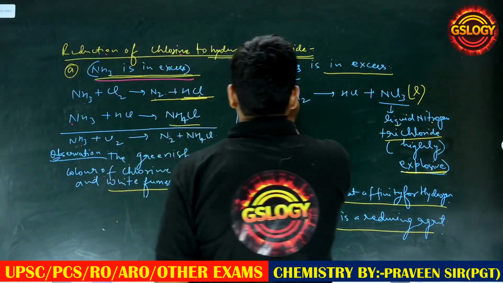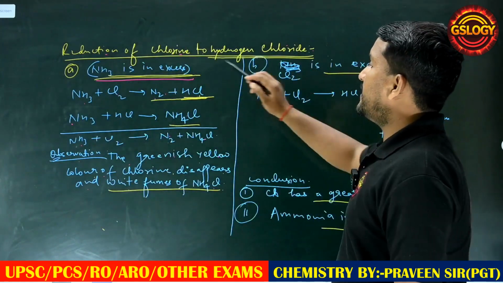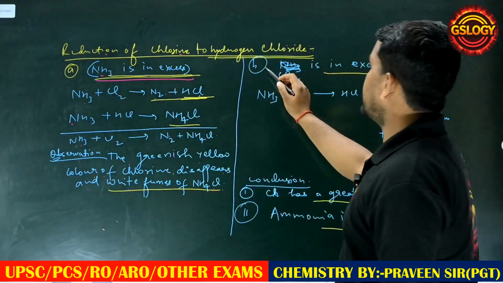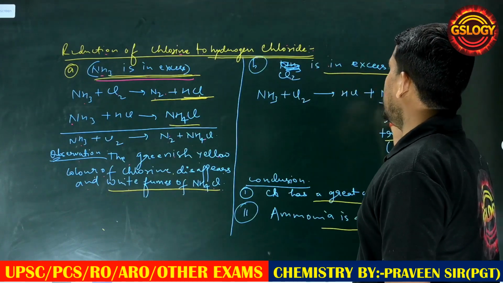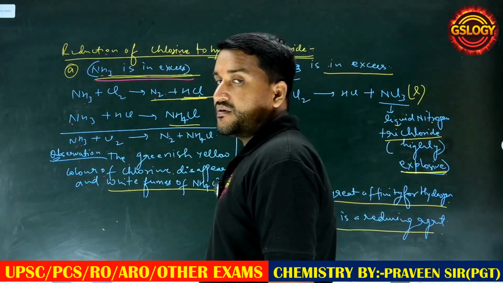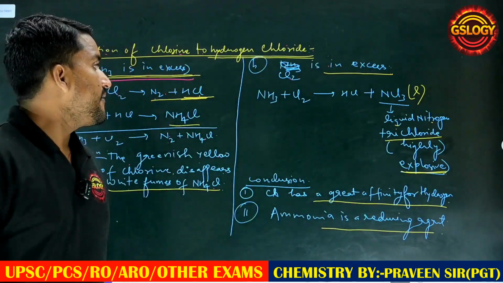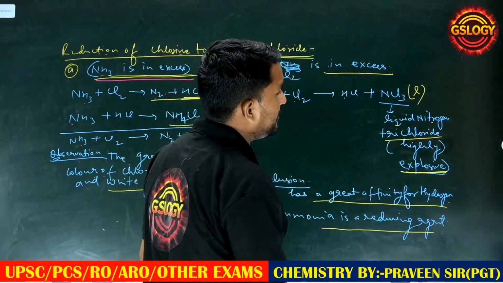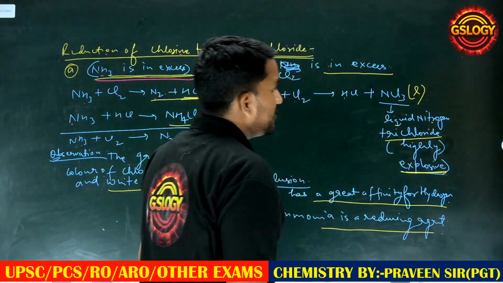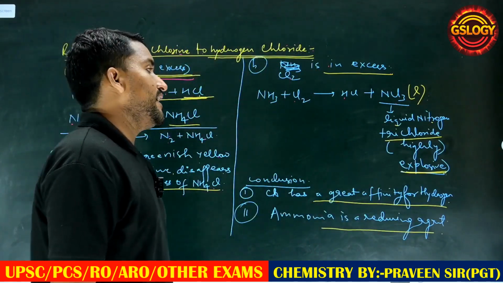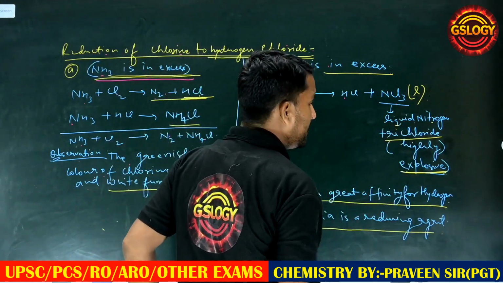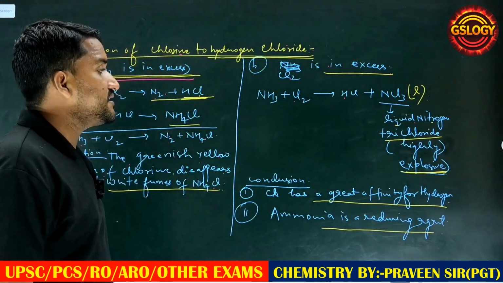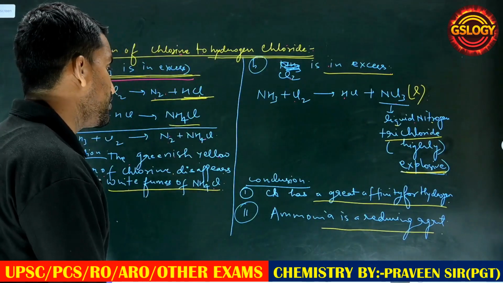Okay, but in case B, chlorine is in excess, whereas in the first reaction ammonia is in excess. When ammonia reacts with excess chlorine, it forms hydrogen chloride and NCl3, nitrogen trichloride. It exists in the liquid state and is highly explosive.